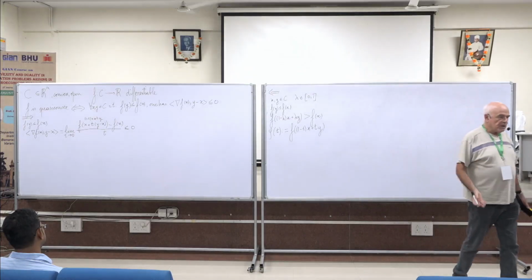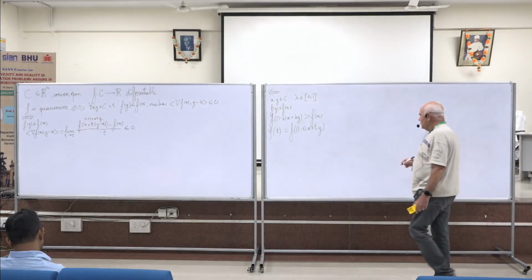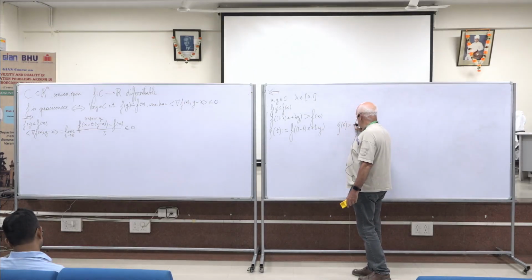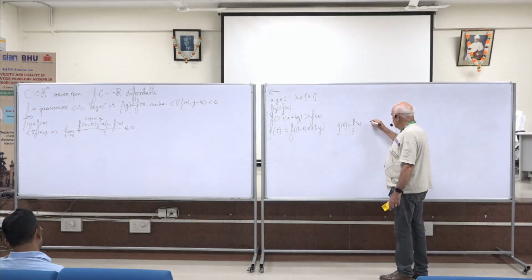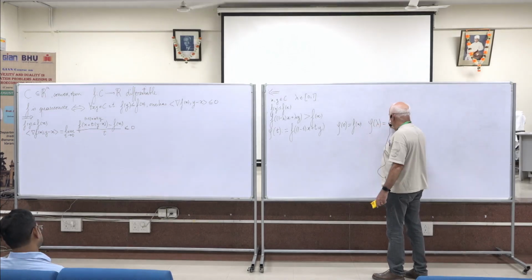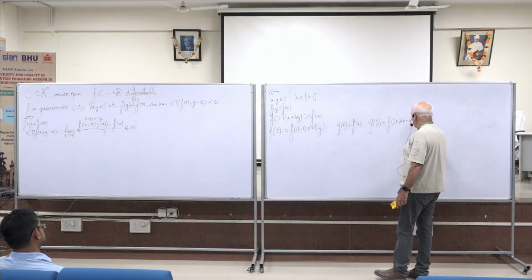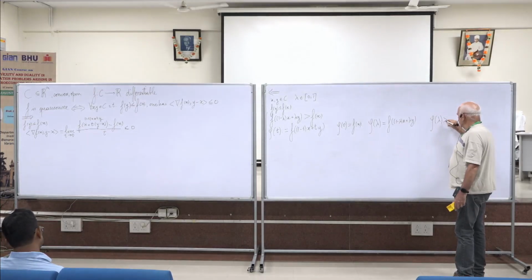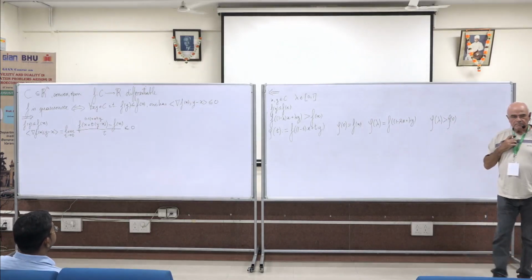This function is differentiable because f is, and its value at 0 is f of x. Its value at lambda is f of 1 minus lambda x plus lambda y. So phi of lambda is greater than phi of 0.